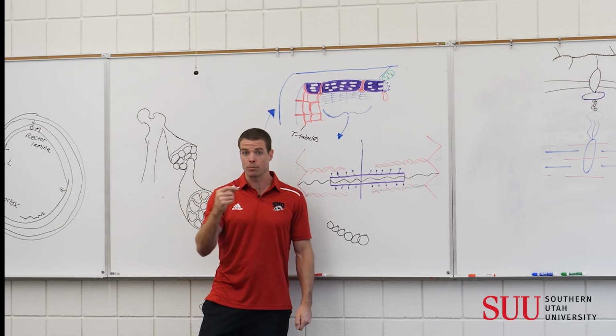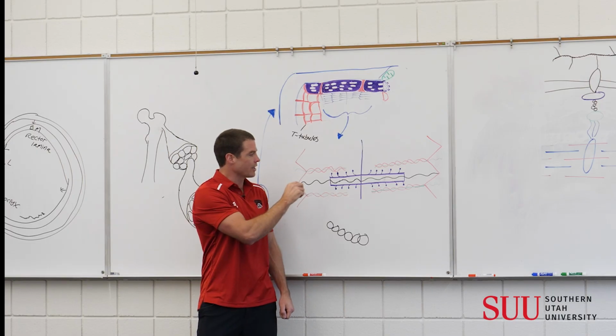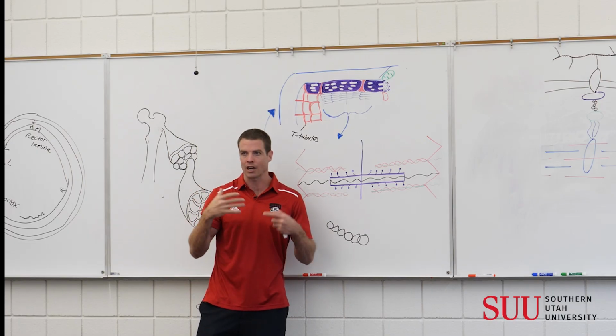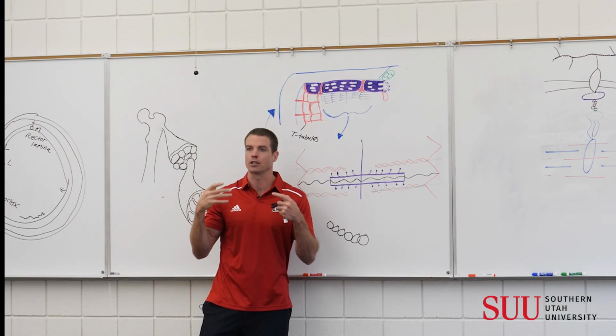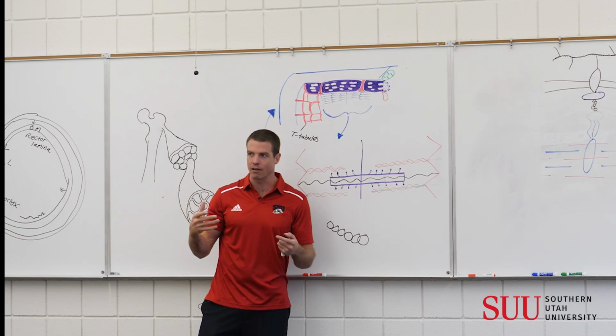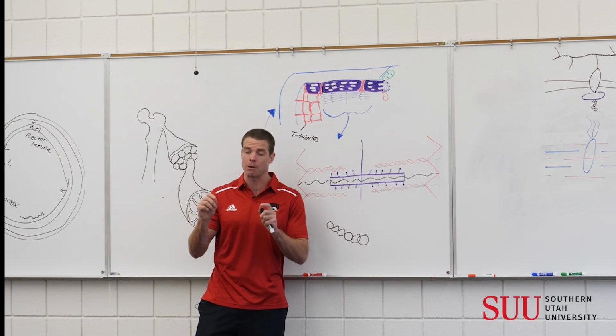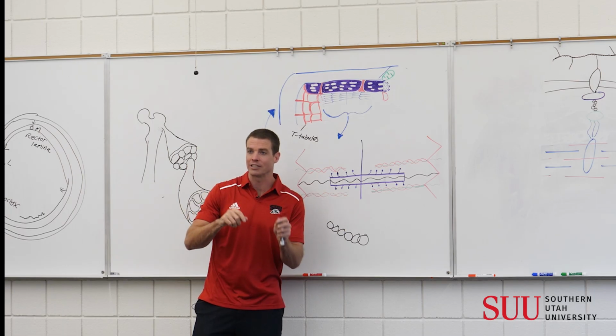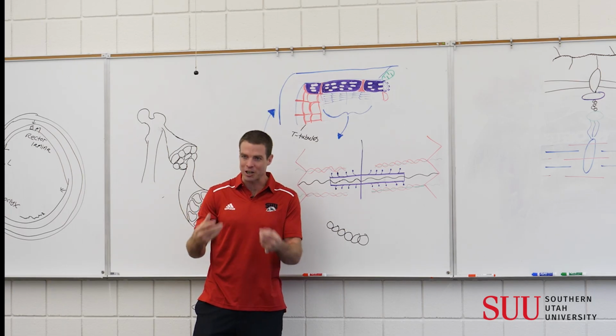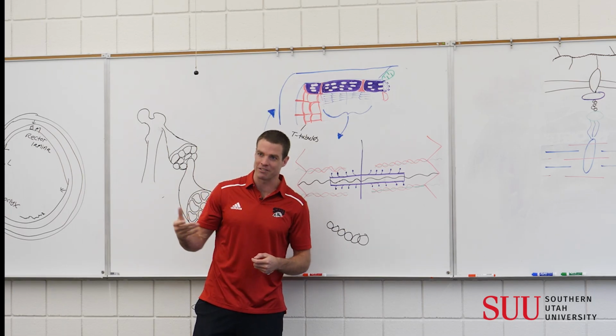Now, if we look more at the sarcomere structure and the banding, we think a lot in terms of banding of how the sarcomere is structured and how it functions, because remember, structure dictates function. If we understand the structure well, we can really understand the function of everything.